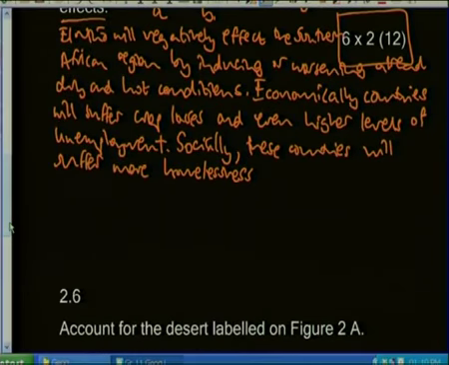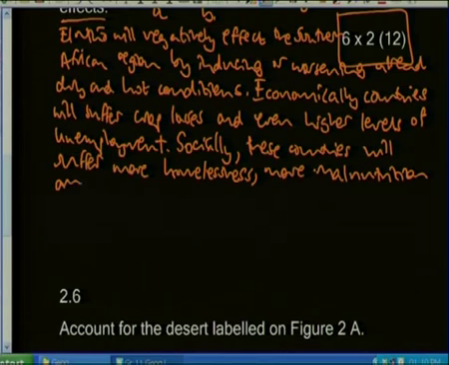Countries will suffer more homelessness. There will be more malnutrition, and even hunger, right? And remember, we call those sorts of things that happen in the world where people are starving or don't have enough food, famine. So these are the sorts of things that can ensue or happen as a result of that.